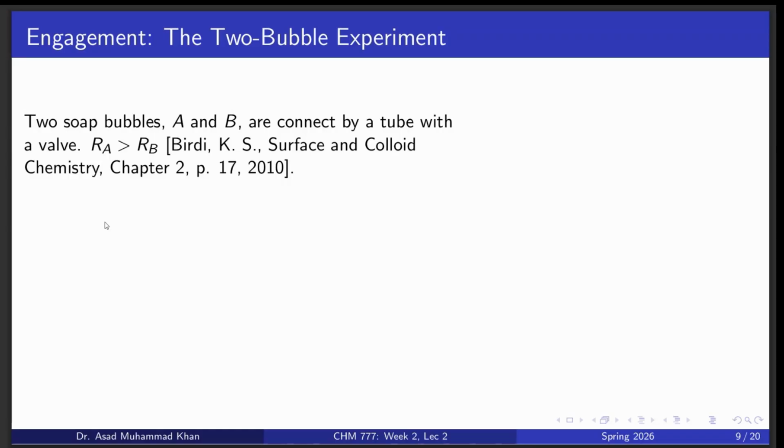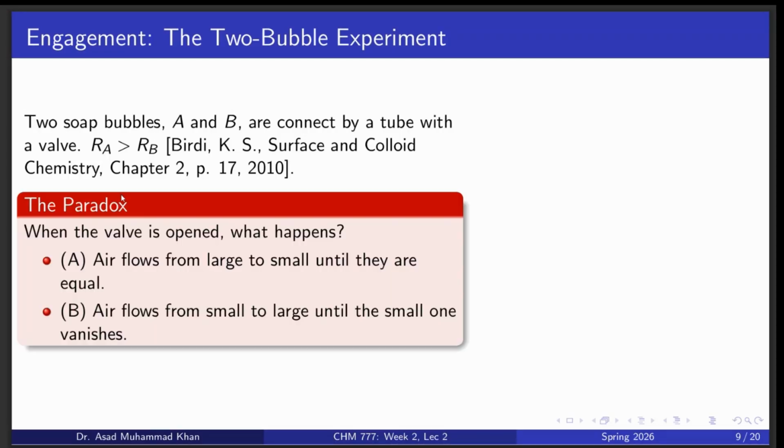So one is smaller and the other is bigger. Then if the valve is open, air flows from the small to the large until the small one vanishes. So we already know that air flows from the small to large until the small one vanishes.